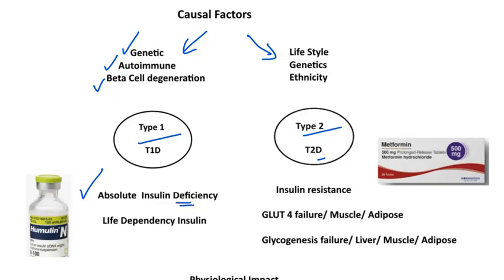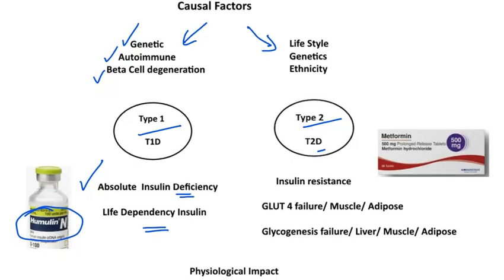And the only way to treat this is to have a life dependency on injections of insulin. And of course, students may well know that the genetically engineered version of human insulin is this one here called Humulin, with a number of manufacturers producing that.